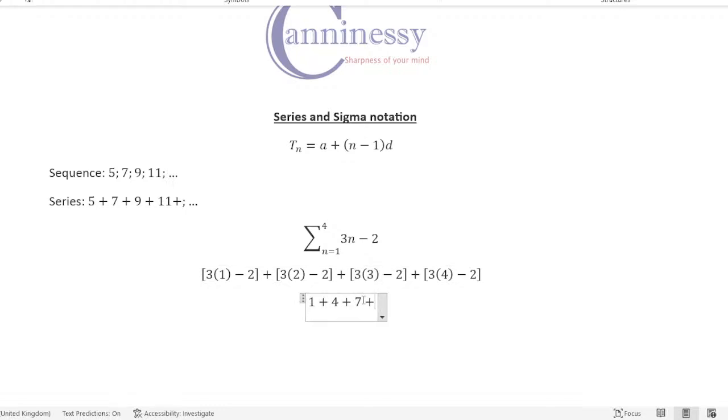Then the last term is going to be 12 minus 2, which is 10.